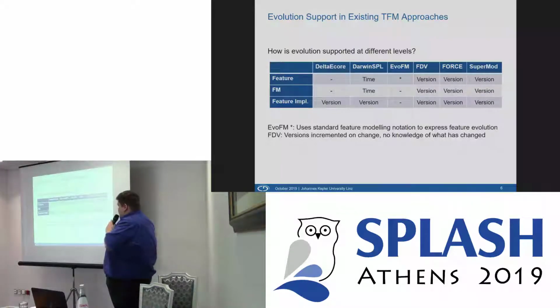In the first step, we looked at how they try to support evolution. Many approaches are looking at the concrete feature implementation, whereas some, but not many, also try to care about the feature model itself and the features, and version them or add them depending on time or version.